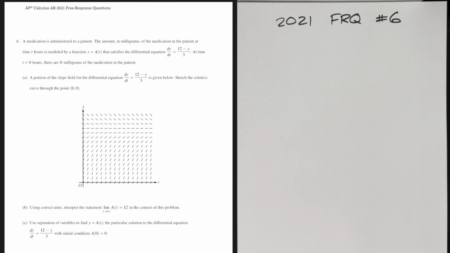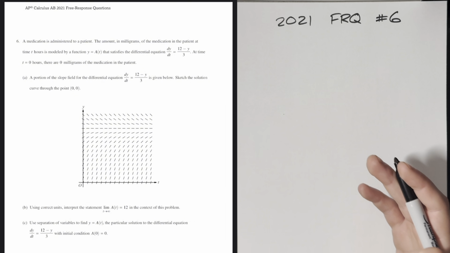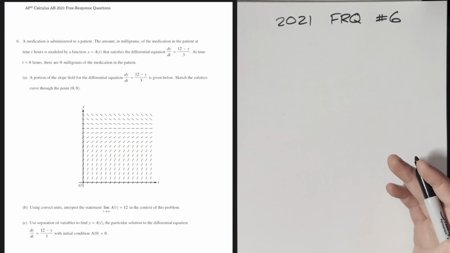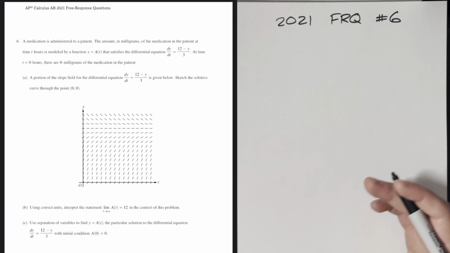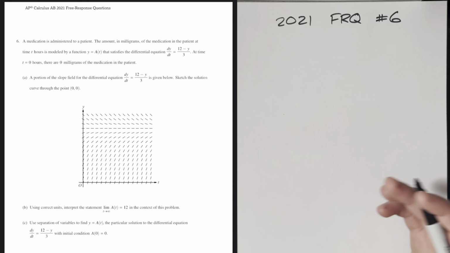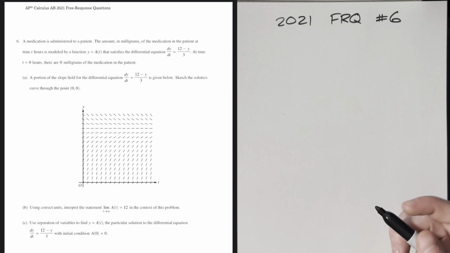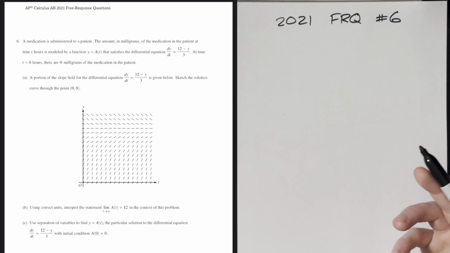It says a medication is administered to a patient. The amount in milligrams of the medication in the patient at time t is modeled by the function y equals A of t that satisfies the differential equation dy/dt equals (12 minus y) divided by 3.